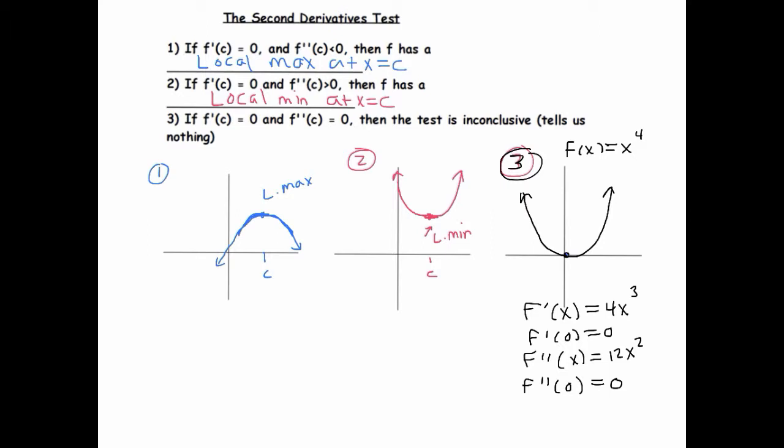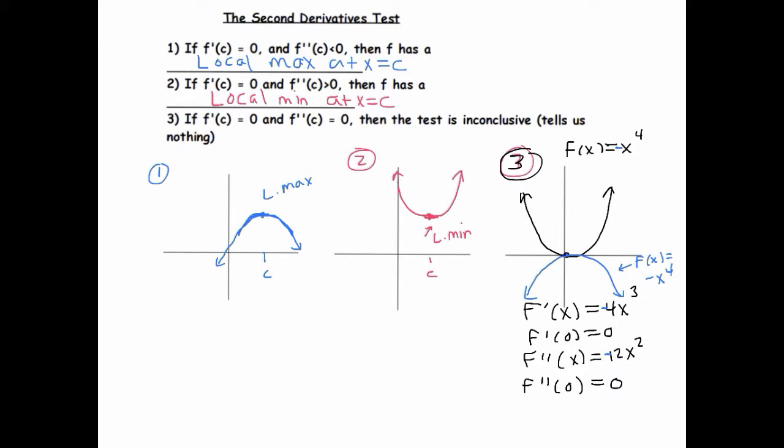But all that would still be true if I put a negative in front of this and graphed negative x to the fourth. All of what I just said would still be true, at least in terms of the values at 0. You just have negatives in front, and in that case you have a max.